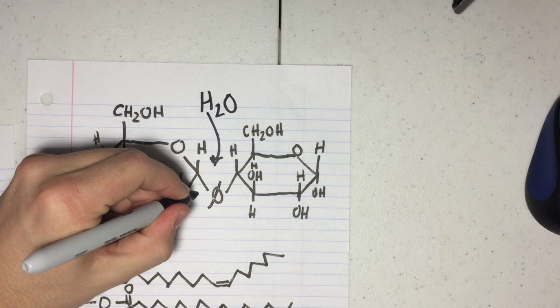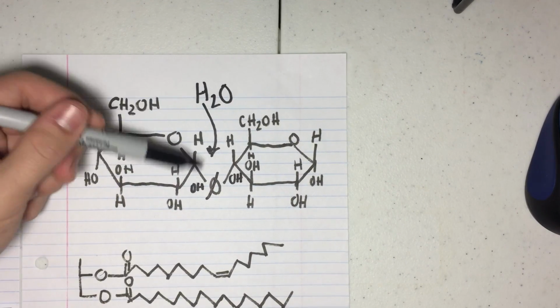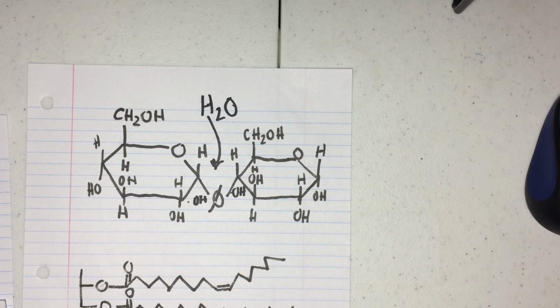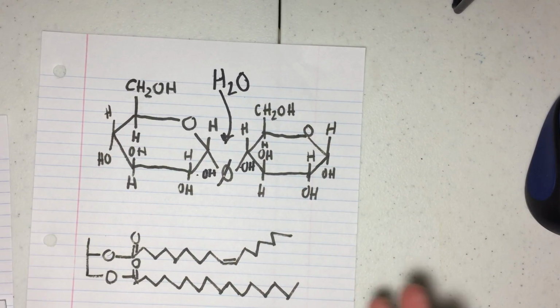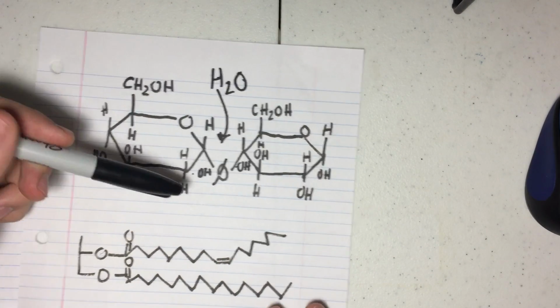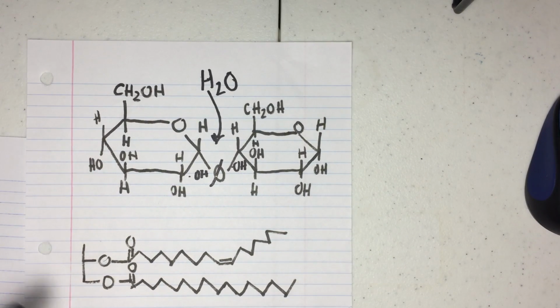So it would cancel out and be OH over here and OH over here, because we have two hydrogens and two oxygens. That would be hydrolysis, and then the same thing in reverse would be dehydration synthesis. So we pull the water out, and then one oxygen remains, bonding the two, creating a disaccharide.